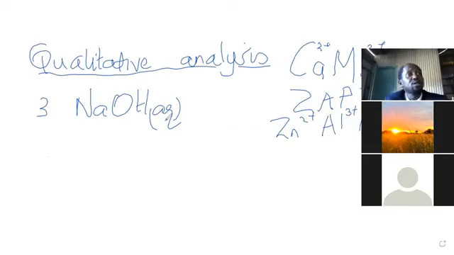So for those, the precipitates would have the respective colors. For copper 2, blue precipitate, iron 2, green precipitate, and iron 3, brown precipitate.